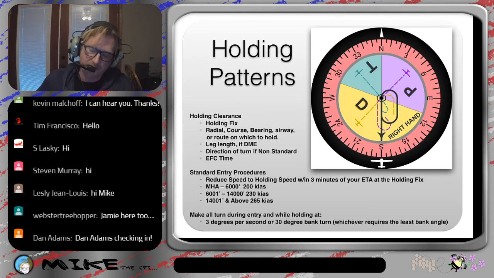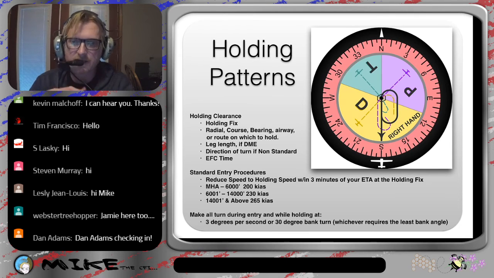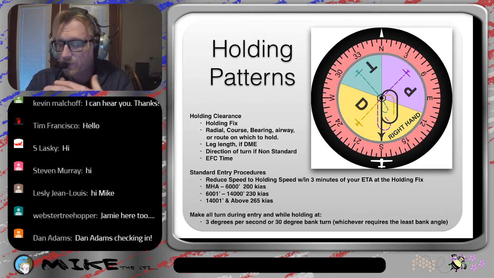Now, when you're flying a general aviation airplane that's not cruising along at more than 200 knots typically, then technically you don't have to slow down into the holding pattern. You just have to be, 3 minutes prior to the holding pattern or entering the hold, below the minimum holding speed.